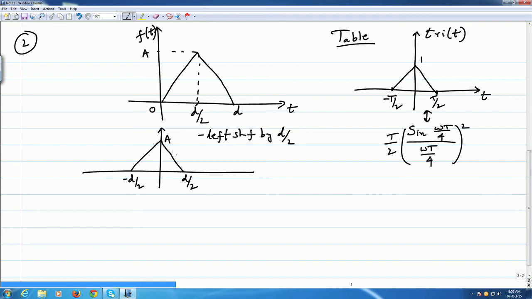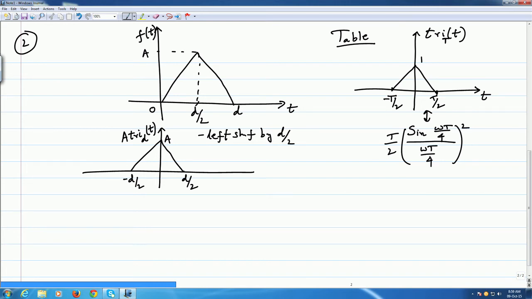In fact, you can write this as a times the triangle. I need a parameter here, so I can call this triangle with a parameter T. So this is a times triangle with the parameter d of t. That's the trick.